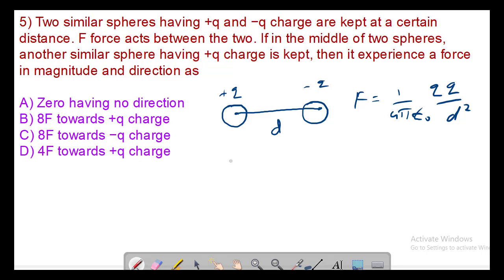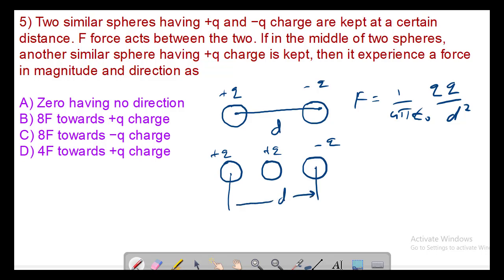Now we introduce another sphere between the two. This is plus q, this is also plus q, and this is minus q. This distance is the same as in the previous case, d. Of course, this distance becomes d by 2, and this also becomes d by 2.